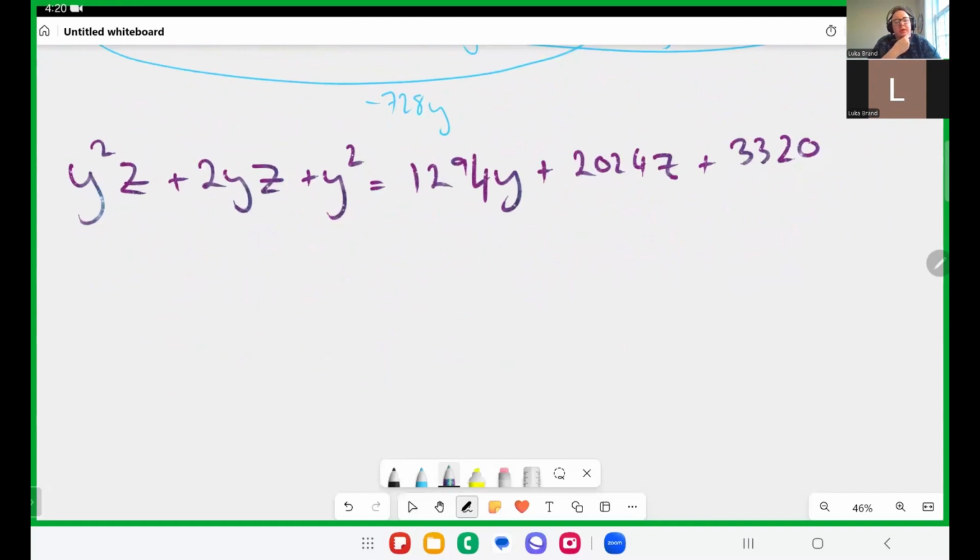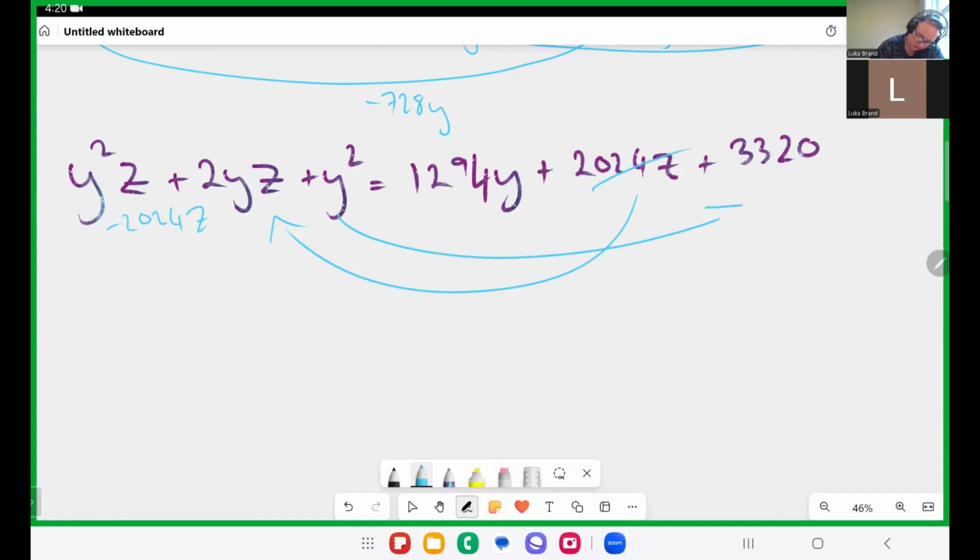Now I've got some y squareds and some z's. It's going to be easier for me if I rearrange for z in terms of y, so I don't have to take a square root just yet. So what I'm going to do now is move all of my z's over to this side. Again, opposite on the other side, and I'm going to move everything else to this side.